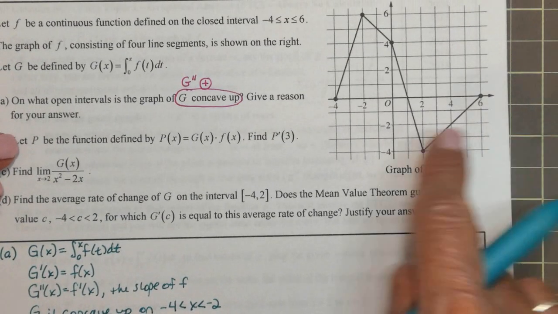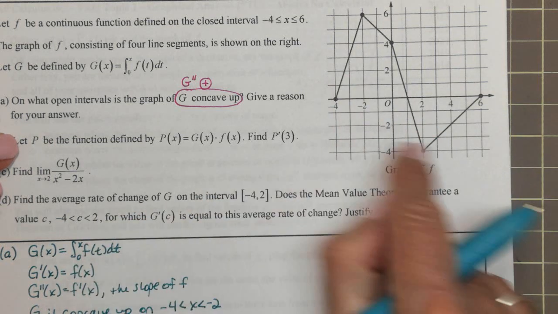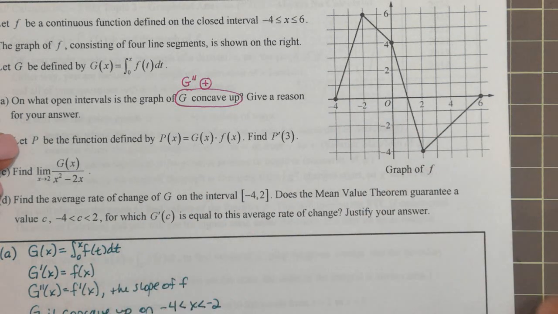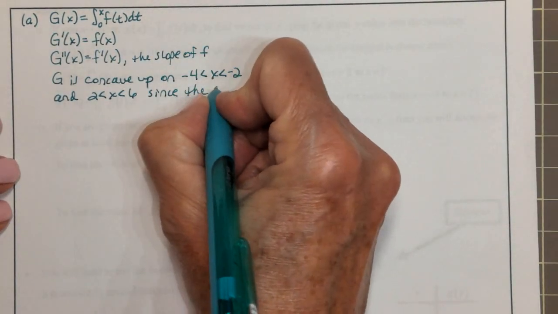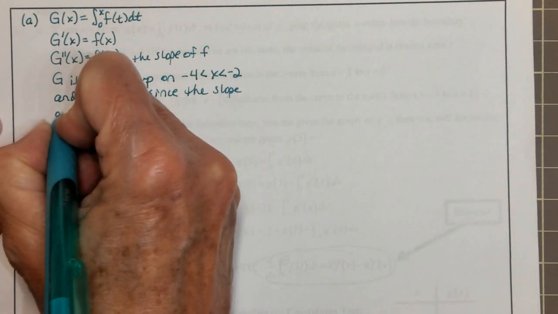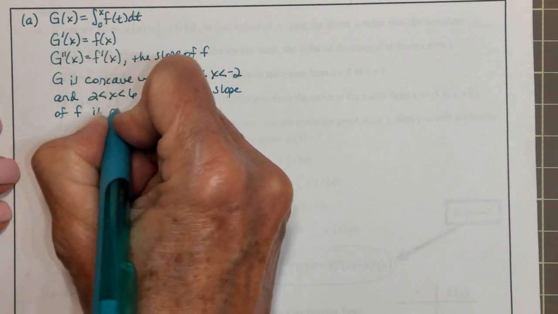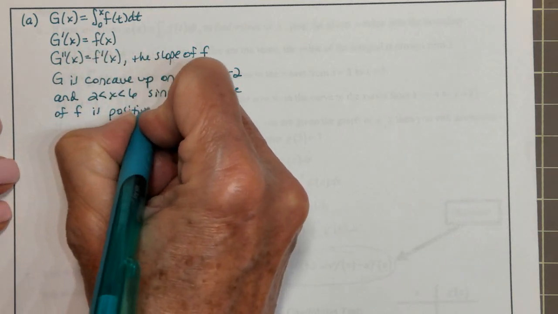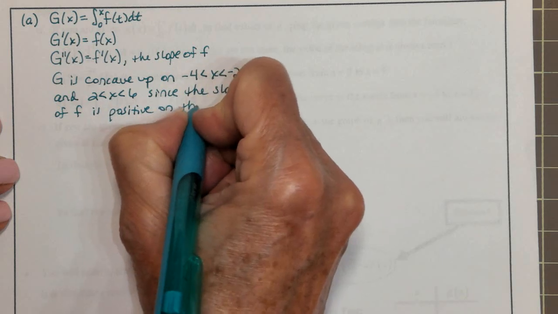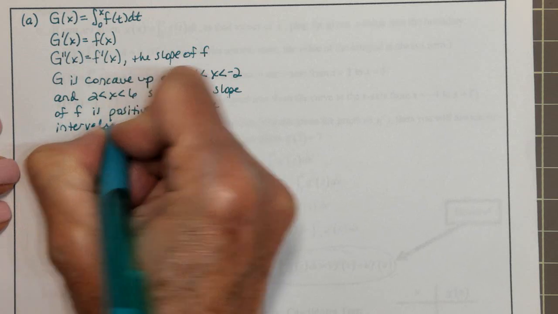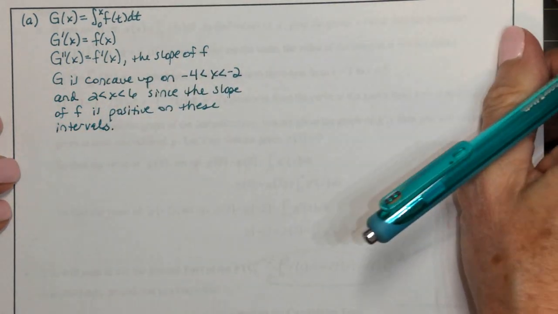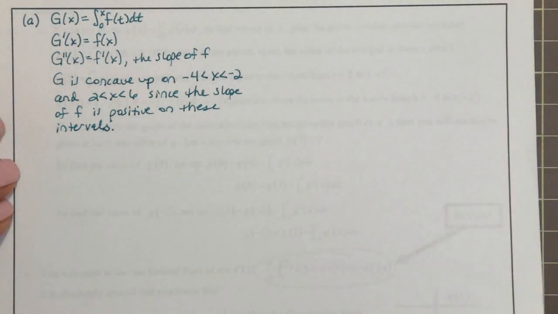I looked for positive slope of F, you guys. So I'm going to say, since the slope of F is positive on these intervals. Make your sentence coherent, okay? Make it make sense.